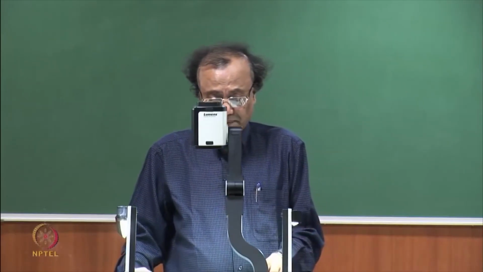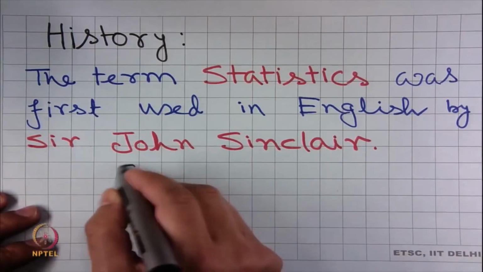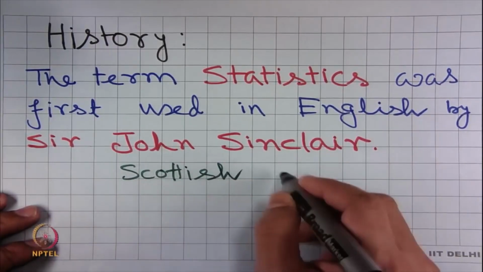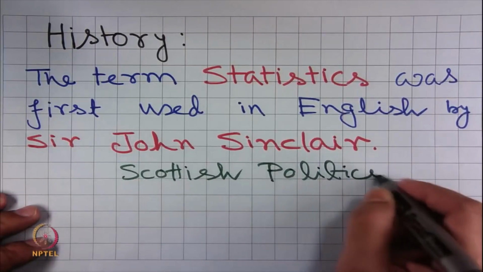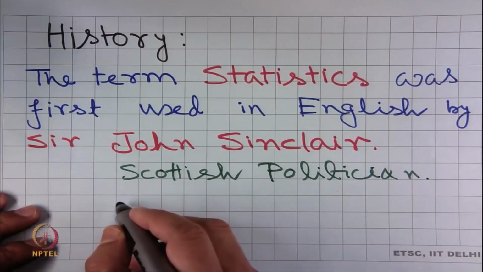So, historically, the term statistics was used first in English by Sir John Sinclair, who is a Scottish politician, and he was a prolific writer.